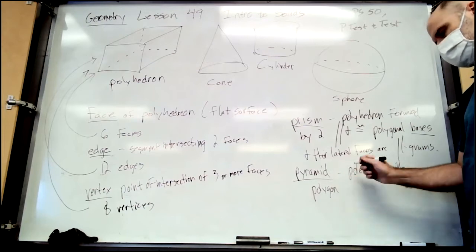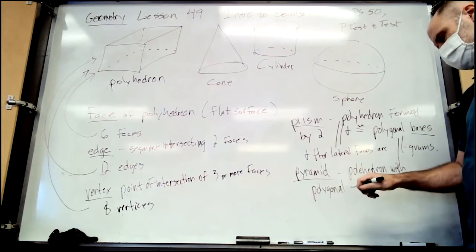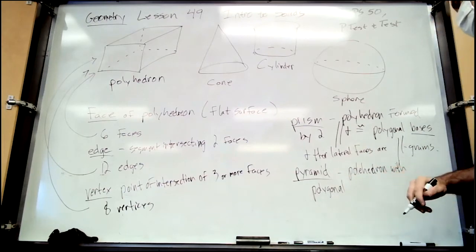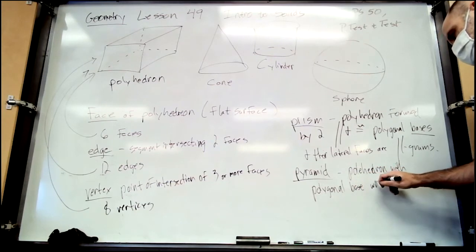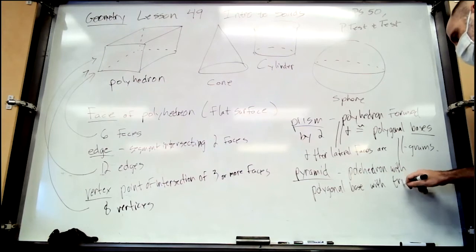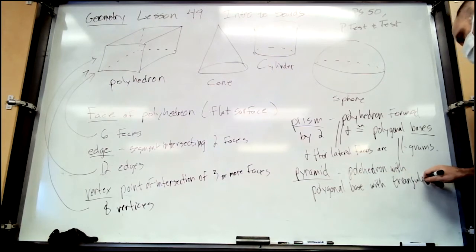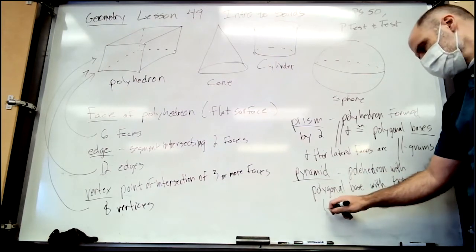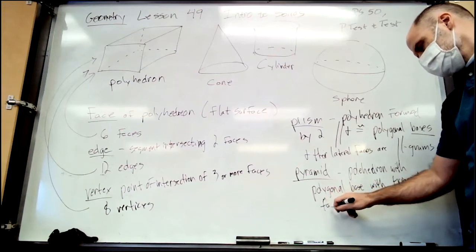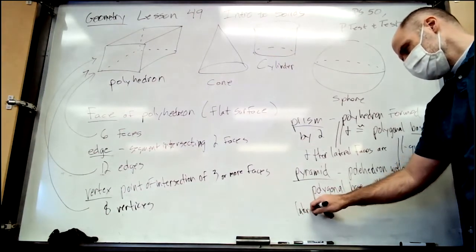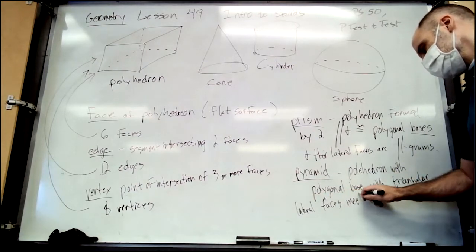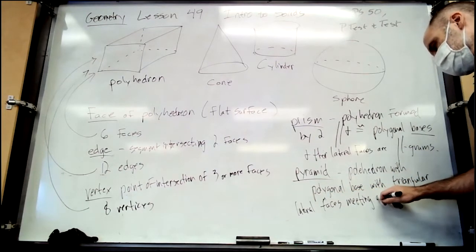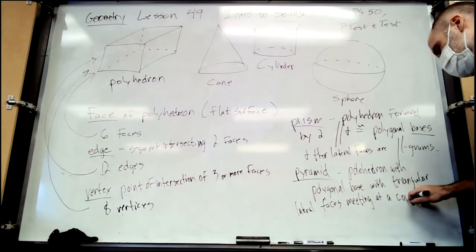It could be a square, a rectangle, a hexagon, a dodecagon, with triangular lateral faces meeting at a common vertex.